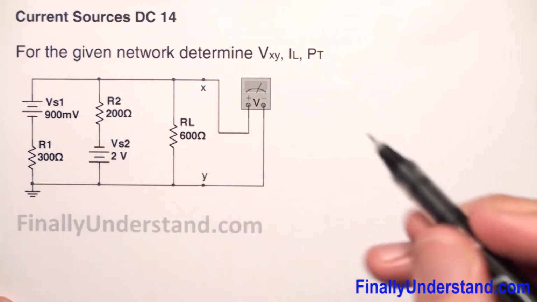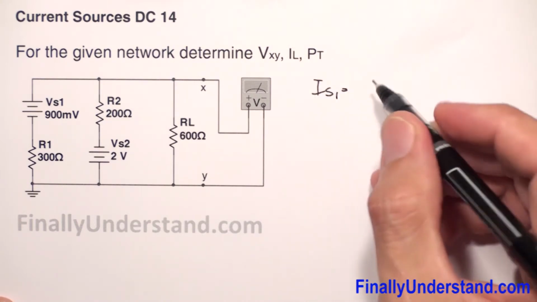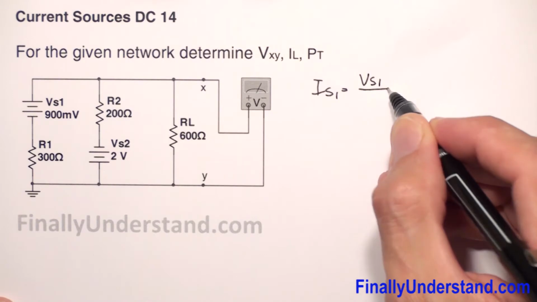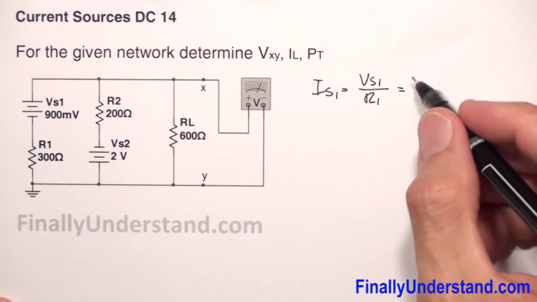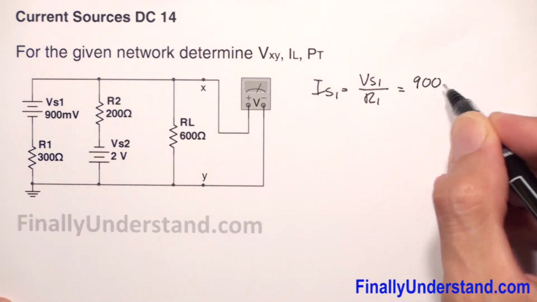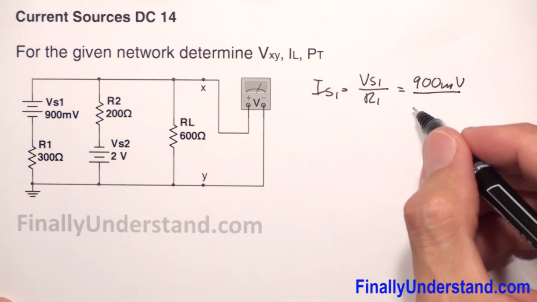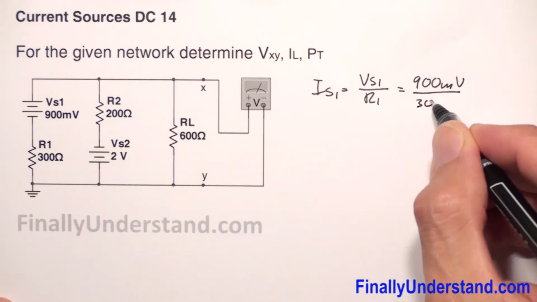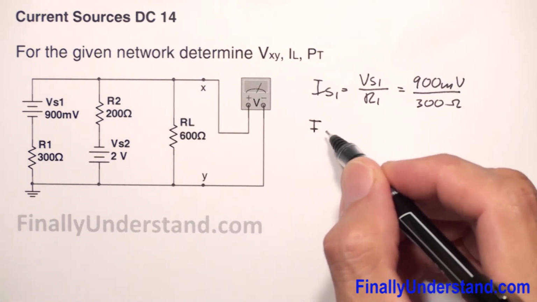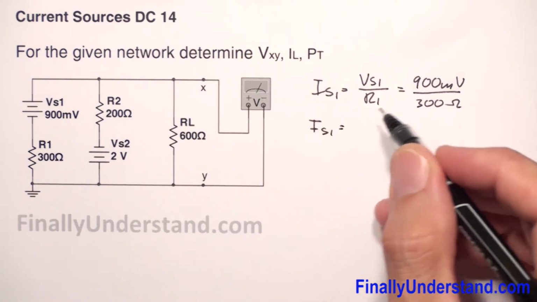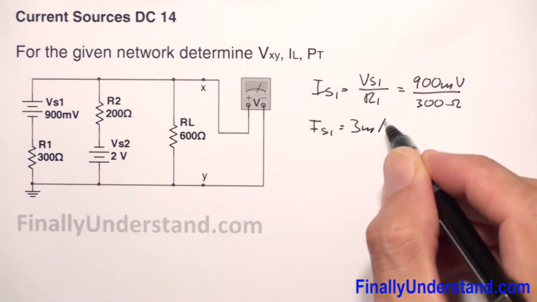So let's find IS1. IS1 is equal VS1 over R1. VS1 is equal 900 millivolts divided by R1, which is equal 300 ohms. So IS1 is equal 3 milliamps.